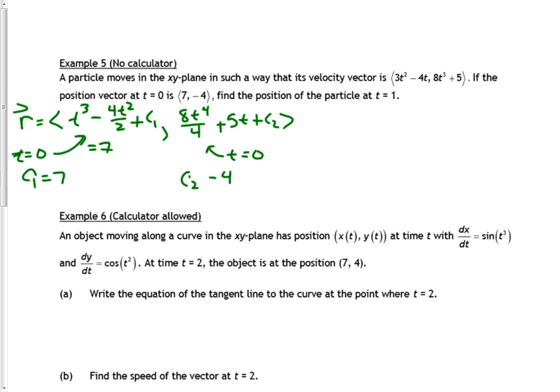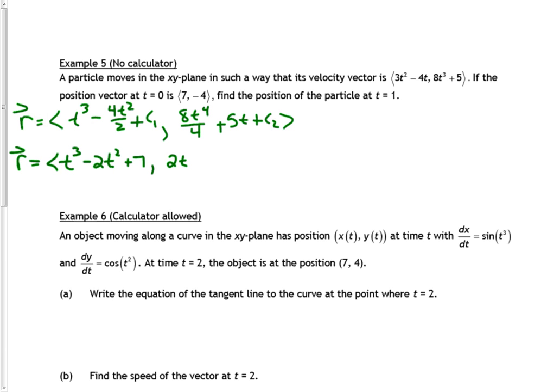So I'm going to rewrite my position function. And again, I just need to erase because I'm going to do this in two different methods. So now my position function is t cubed minus 2t squared plus 7. And over here I have 2t to the fourth plus 5t minus 4.